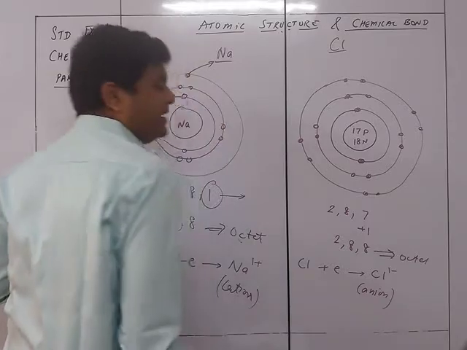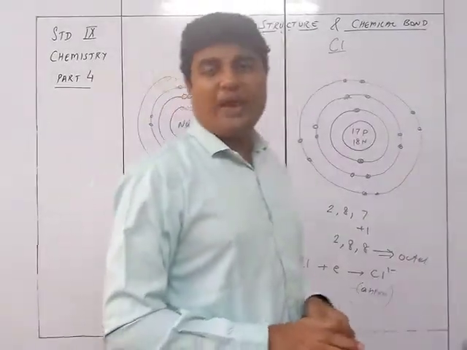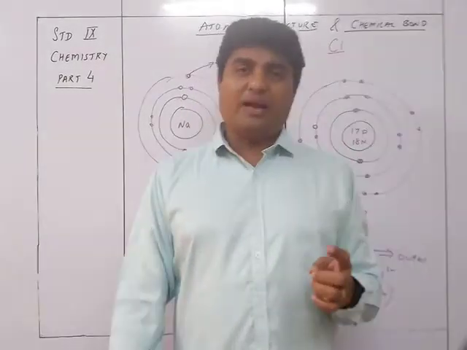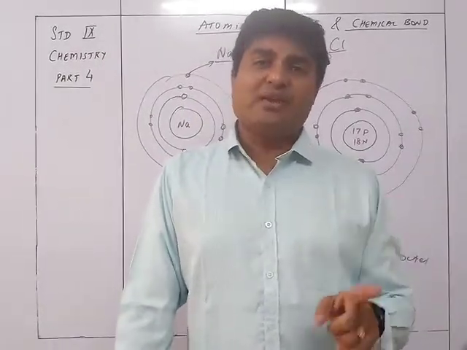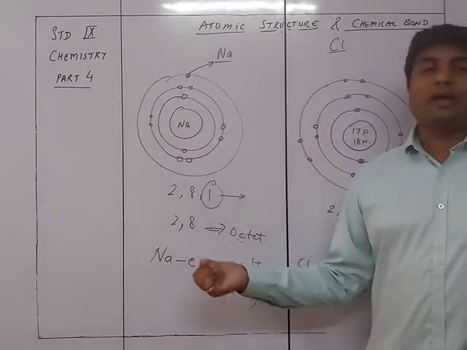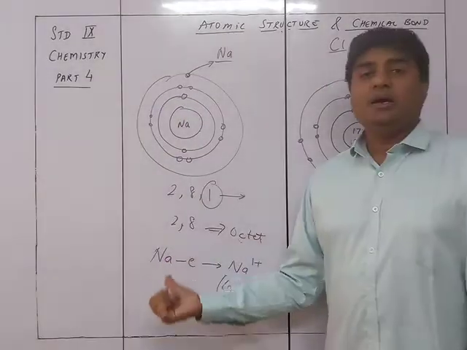The formation of an anion happens when an electron is gained by an atom. When an atom gains an electron, it forms a negatively charged ion, which is called an anion. When an atom loses an electron, it becomes a positively charged ion called a cation.